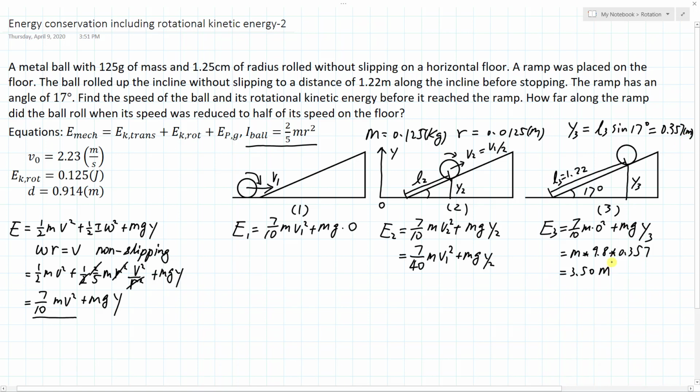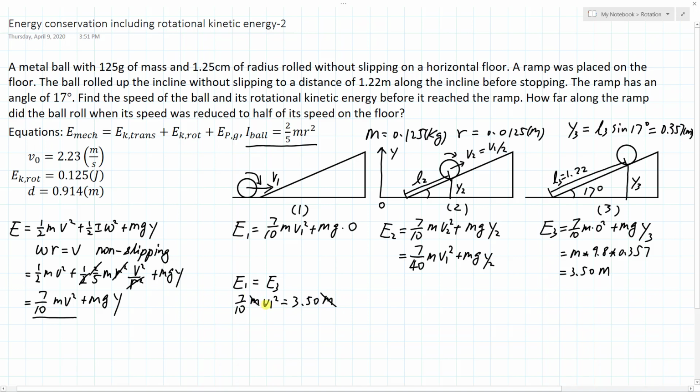Okay, so now I have E1, E2, and E3. I can use my energy conservation. E1 equals E3. Because I know E3's exact value, I equate that with something I don't know, the V1. So now we have 7/10 m v1 squared equals 3.50 m.